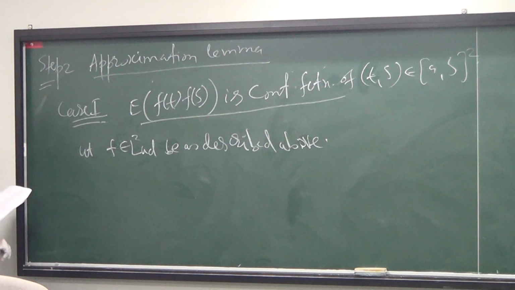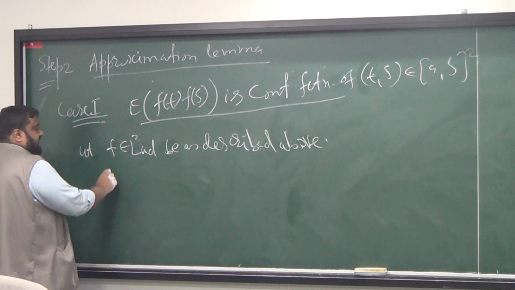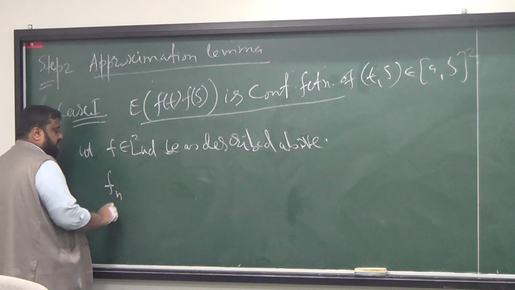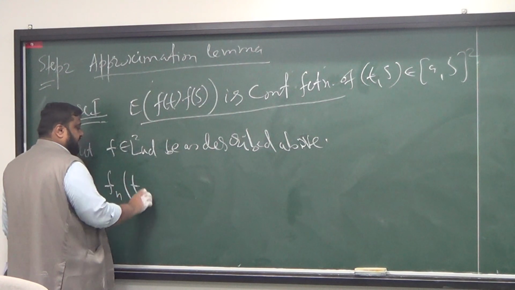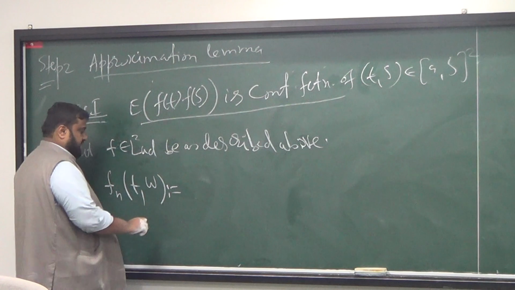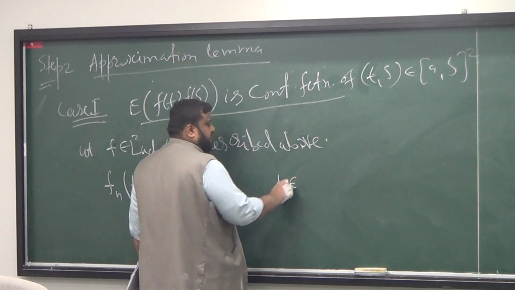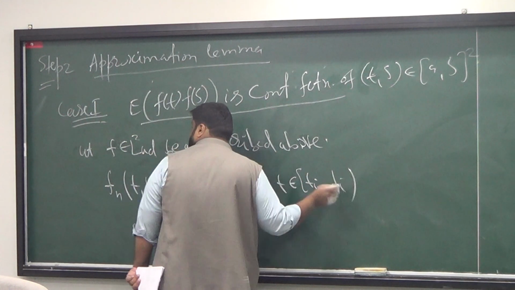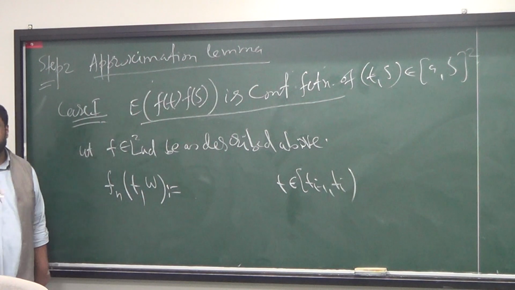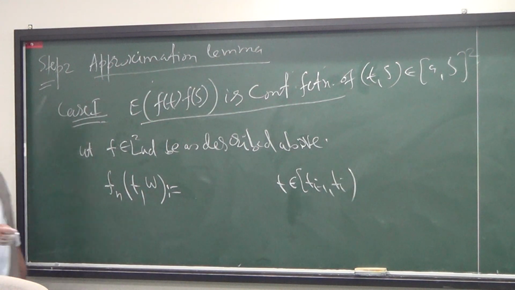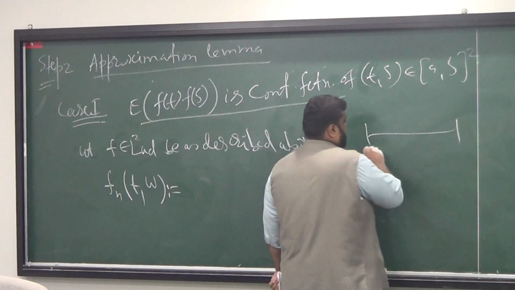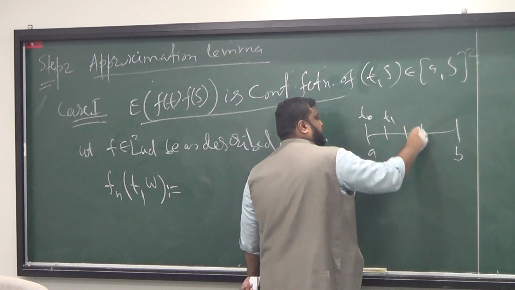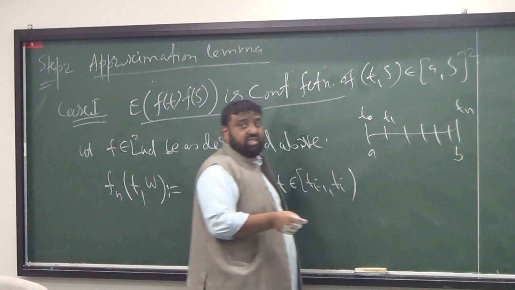So f is in L2AD. What should be the step process that approximates it? The obvious step process that approximates it is this. Let me define f_n(t, omega) as f(t_{i-1}, omega) if t is in the interval t_{i-1} to t_i, where I have the usual partition of a to b in terms of the t_i's. So I'm assuming the same picture that I have kept on assuming, that t_0 is a and t_n is b, with a mesh.